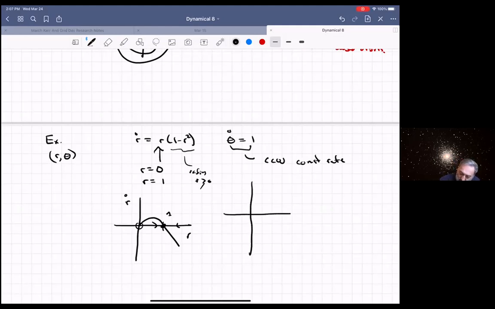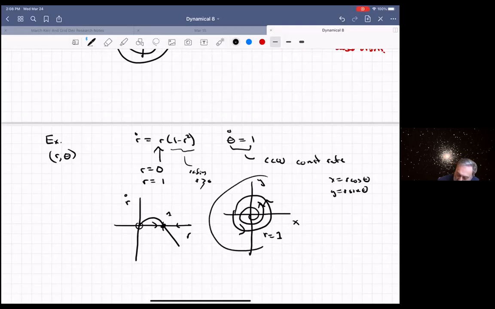So if I looked at x, y, where x is r cosine theta and y is r sine theta, then what I would have is a circle at r equals 1. And then I would have an unstable spiral coming out. And on the outside, it would spiral down onto it.